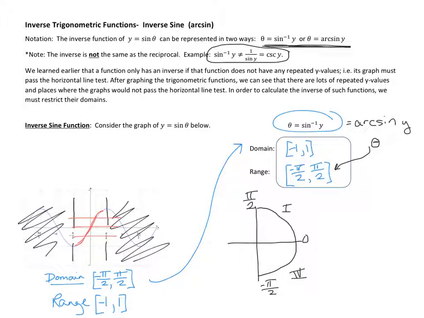Angles that lie in quadrant 1 will be our positive reference angles, and angles that lie in quadrant 4 will be negative reference angles. For example, this would be like negative pi over 4 or negative pi over 3.